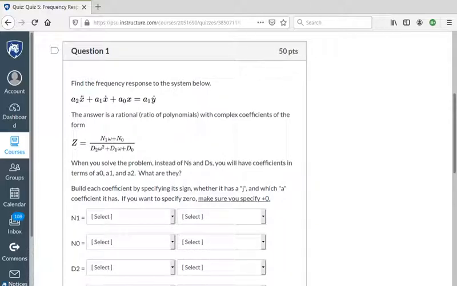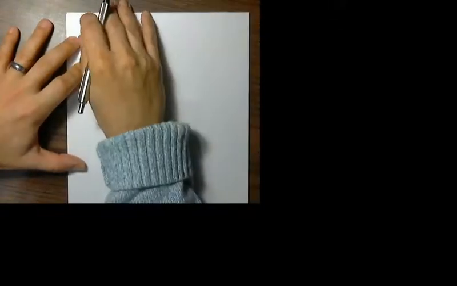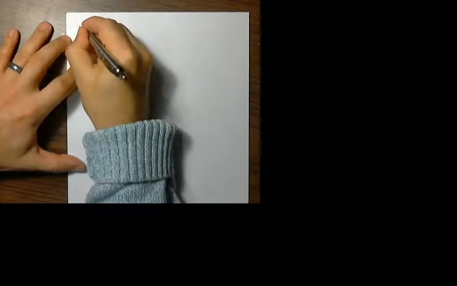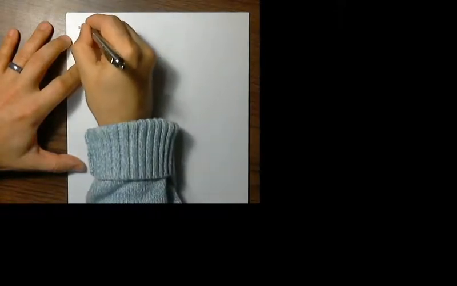All right, so I'm gonna go ahead and copy this onto my paper. So the form of the equation was this.